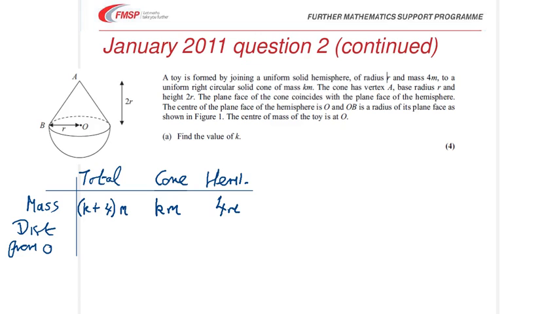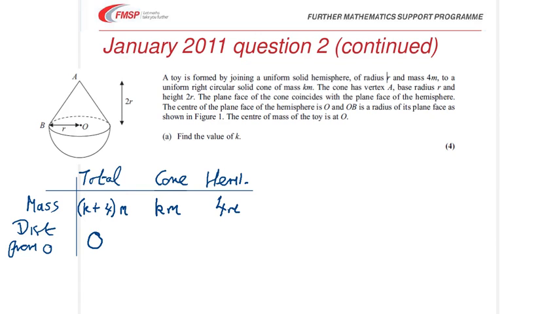The question also tells us that the centre of mass of the whole thing is at O. So if I'm filling this table up with distances from O, that's a 0. For the cone, from the formula book, the centre of mass of the cone is a quarter h above the base.